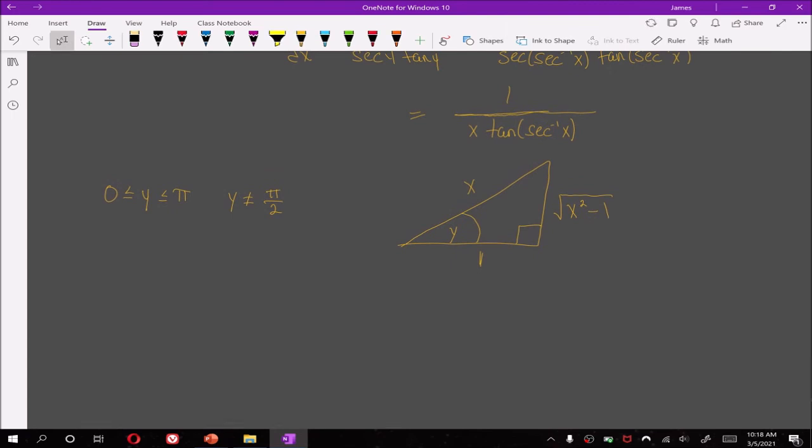Now, for 0 to pi over 2, tangent is positive. So that'll just be square root of x squared minus 1 over 1. However, if we look at pi over 2 to pi, now tangent is negative. So it'll be negative square root of x squared minus 1.